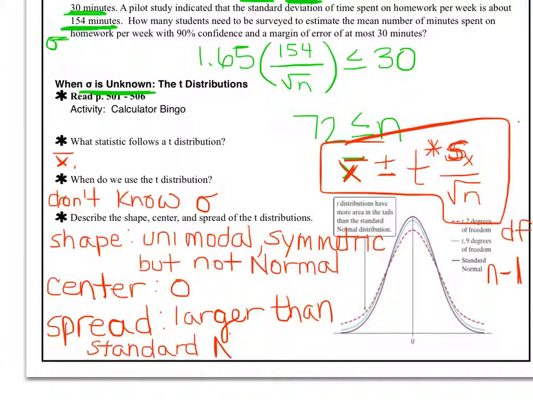And we know this because when I calculate the margin of error, or the confidence interval for X bar, there are 2 things that I don't know. I don't know the standard deviation, and I don't know the actual population mean. So I have 2 variables that I don't know instead of 1, and so my spread's going to be larger because the more variables you have, the more variation.